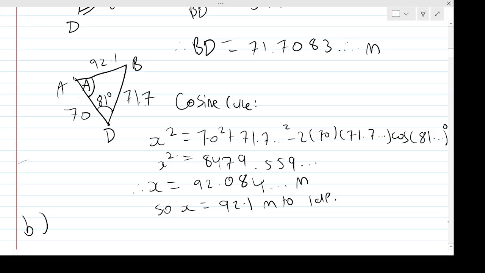Well, I'm spoilt for choice because I know I've got two angles, but I also know all three sides. So I could use sine or the cosine rule in this case.